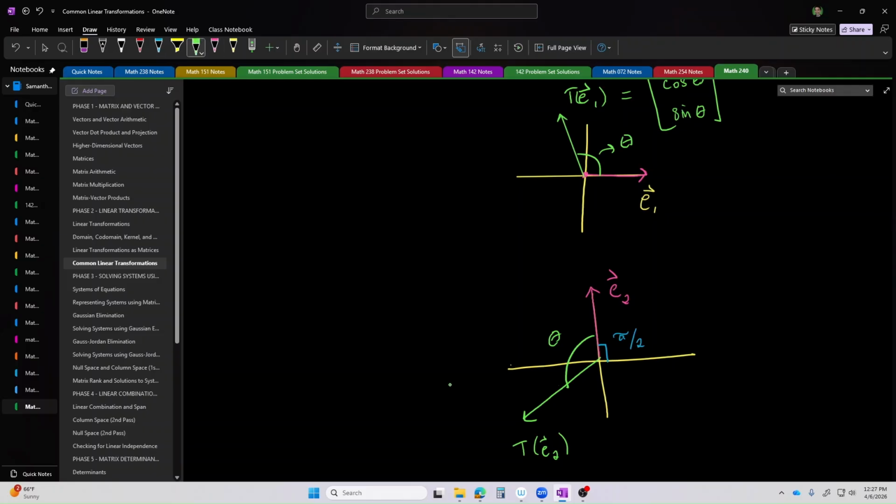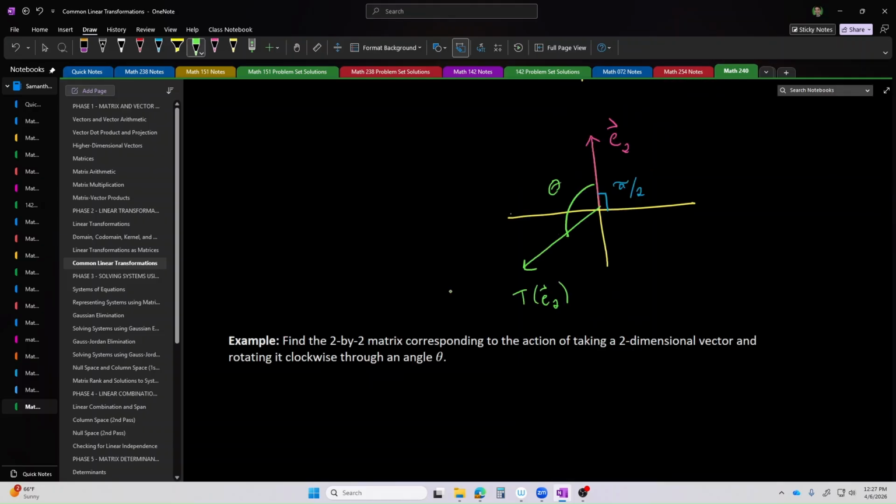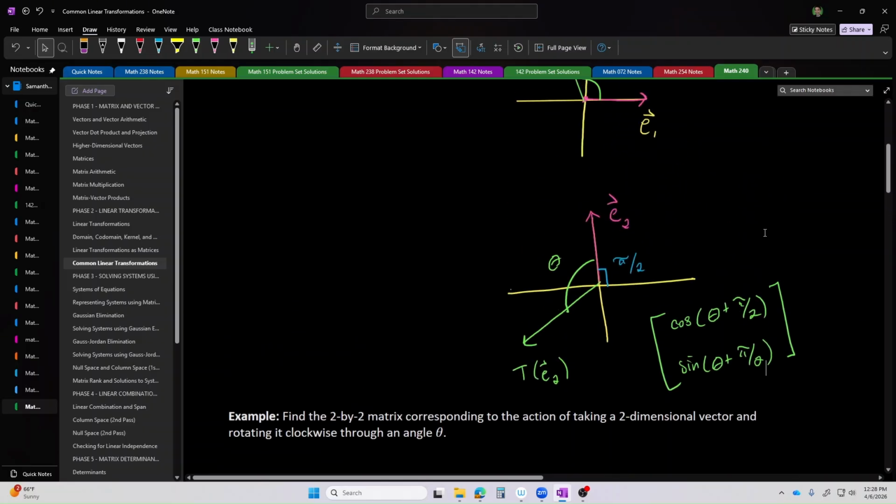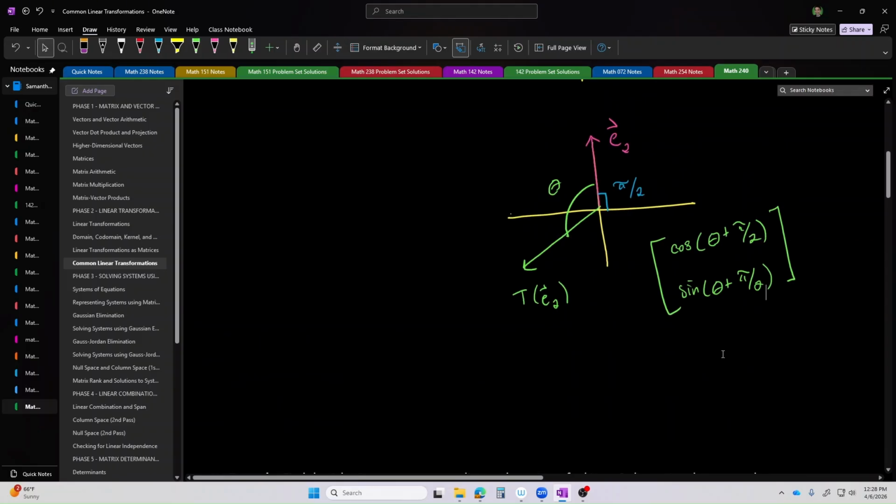So that means that the coordinates of this vector are going to be cosine of theta plus pi over 2 and sine of theta plus pi over 2. Sine and cosine of the angle that this vector makes with the positive x-axis, which is pi over 2 plus theta in this case. But that can be simplified using some of the properties of sine and cosine.